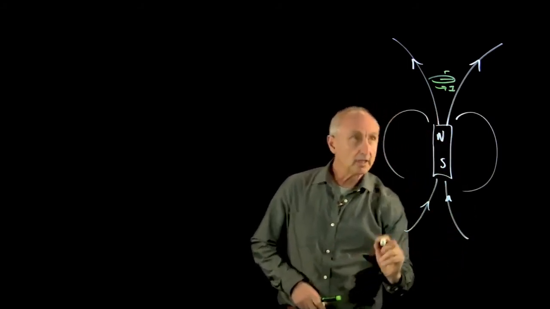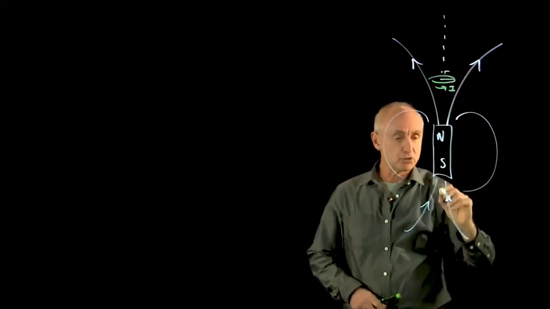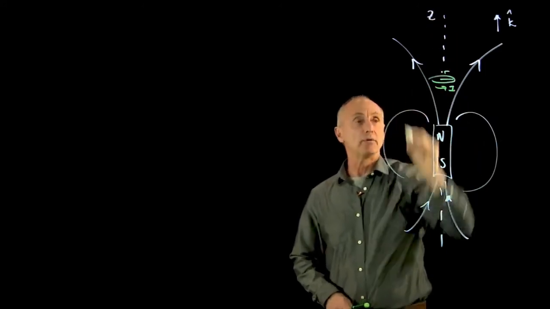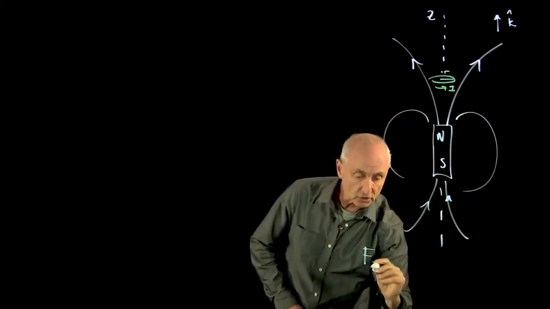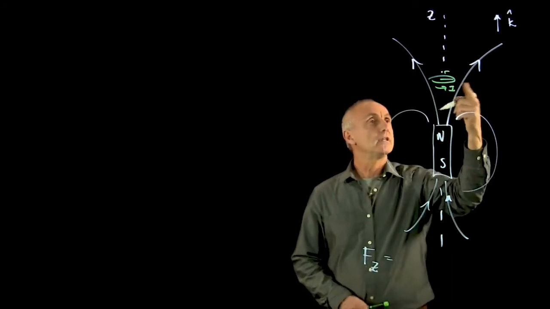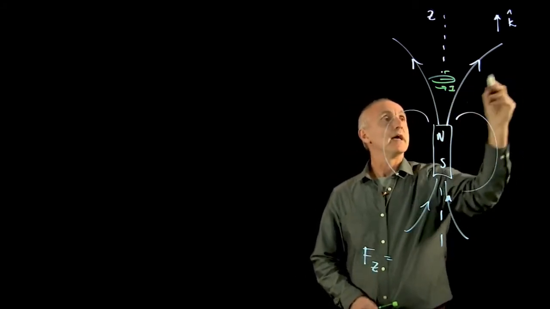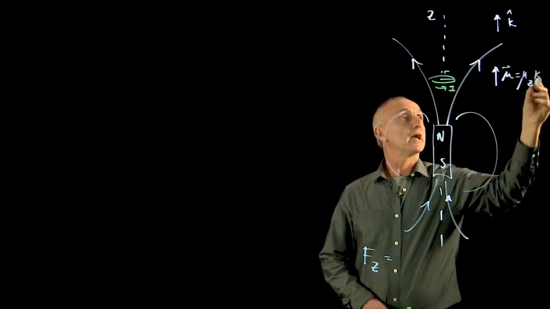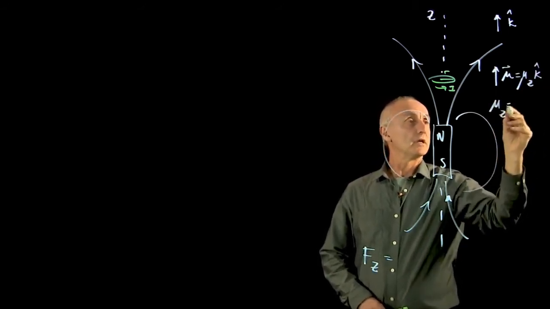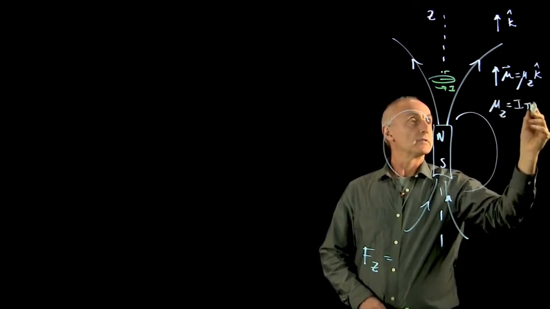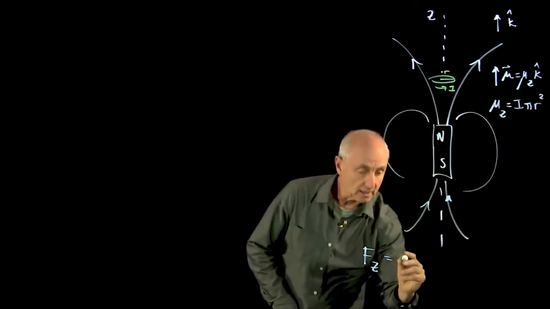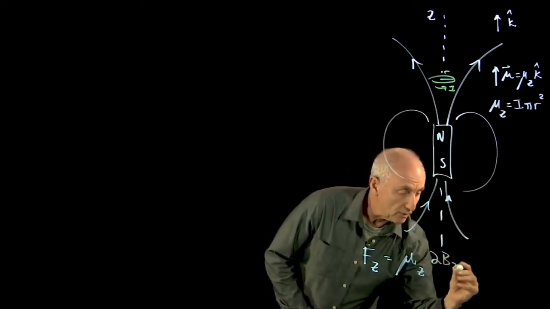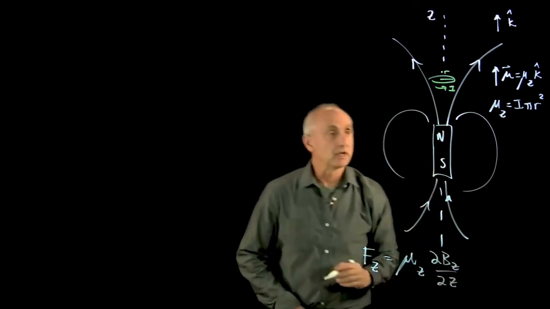Our claim will be that if we define a symmetry axis here, call it the z-axis in our k direction, then this current loop, remember, is a little dipole mu equals mu z k hat, where mu z is the current times the area of the dipole. The z component of the force is mu z times the gradient of the magnetic field.